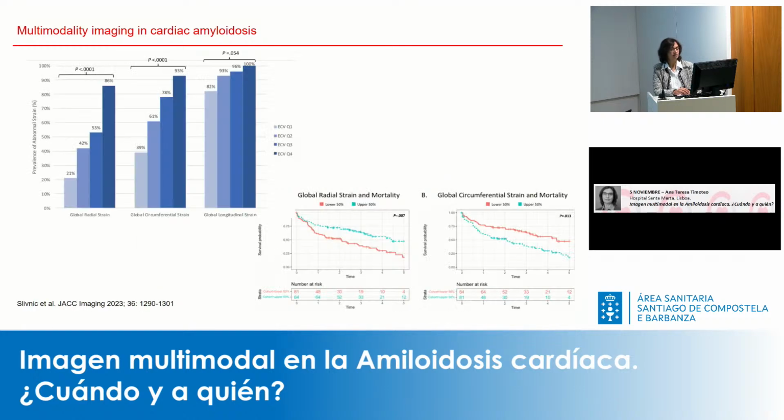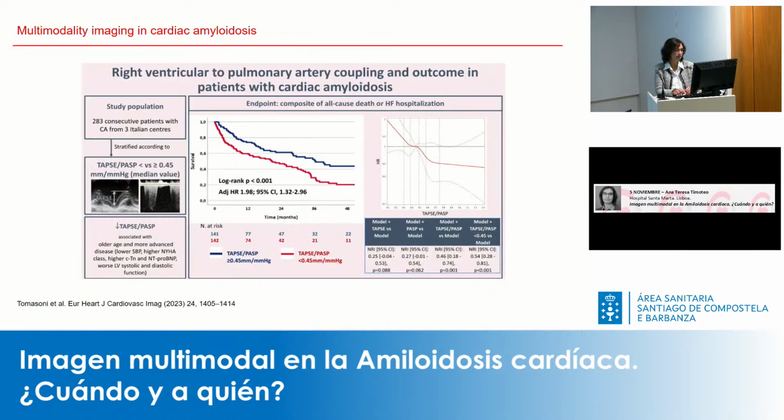Also, the global radial strain and circumferential strain have an increased gradient between the extracellular volume quartiles: the first quartile indicates low amyloid accumulation, and the fourth quartile indicates high accumulation. It has an important gradient, and it's very helpful for prognostic effects, both radial and circumferential strain and mortality.